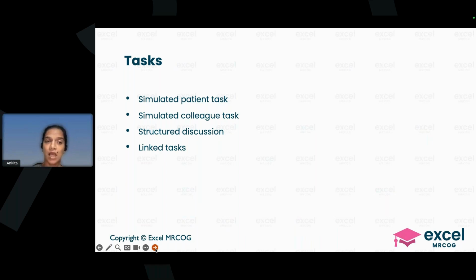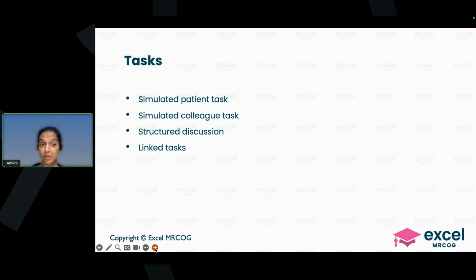All right. Now, remember, all of us know about simulated patient tasks, and all of us know about structured discussions, right? So simulated patient task is where you talk to a patient. Structured discussion is where you have an examiner sitting in front of you, and that is going to be a viva. Okay.